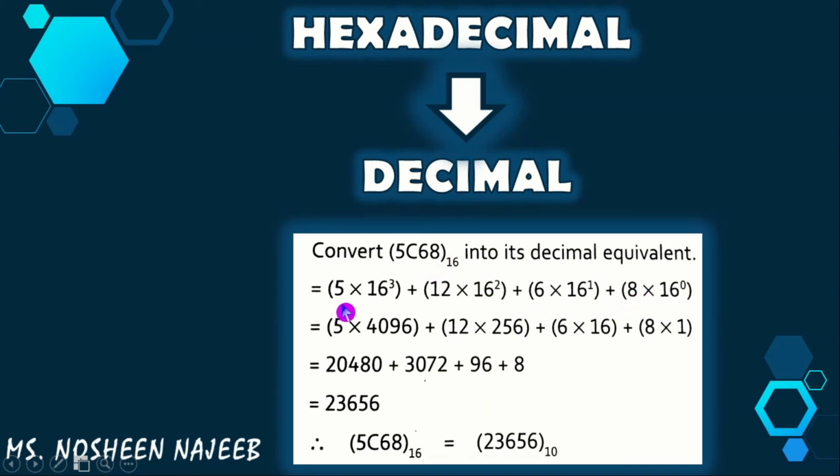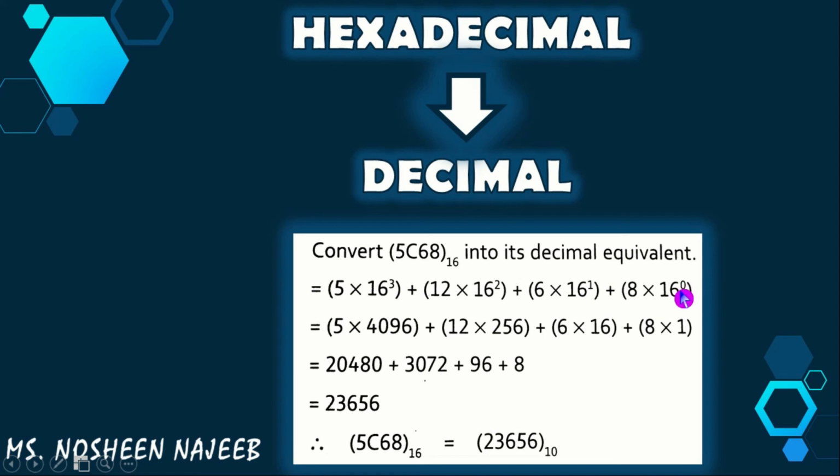So we will multiply these values with the given base. The given base is 16. We will multiply 5 with 16, 12 with 16, 6 with 16, 6 with 16, and 8 with 16. Again we will allot the given base the powers.